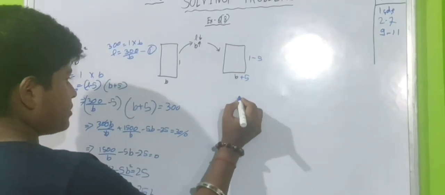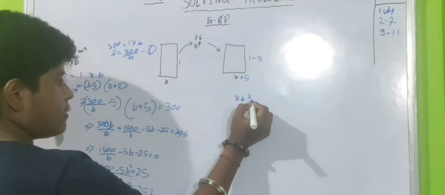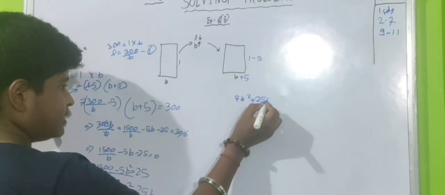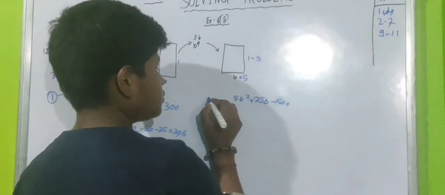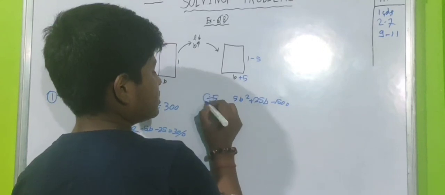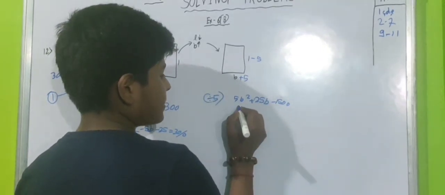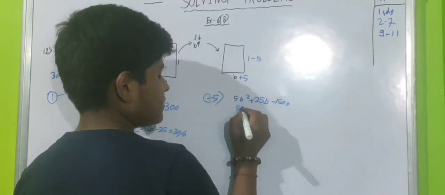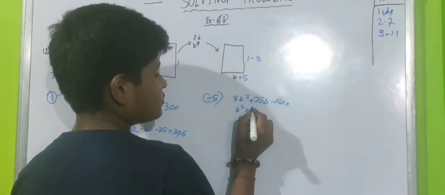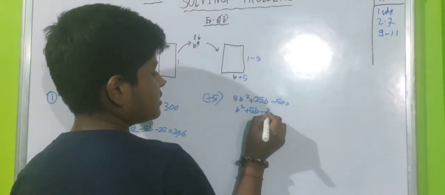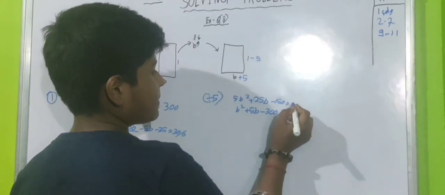You will get 5B square plus 25B minus 1500, divided by 5 because 5 is common to all the terms. So it will be B square plus 5B minus 300 is equal to 0.